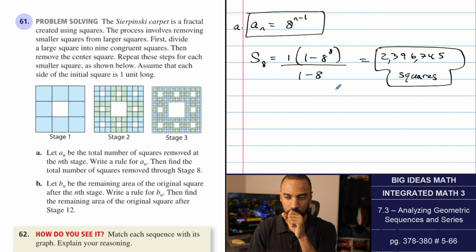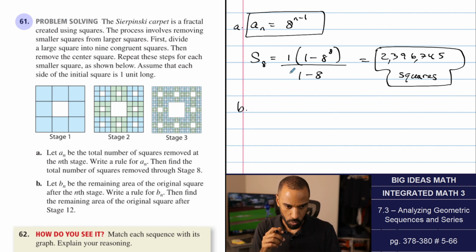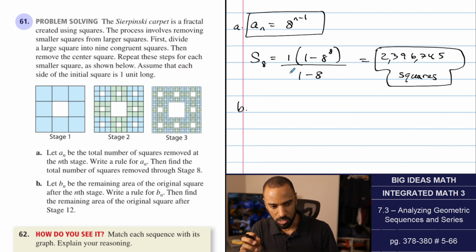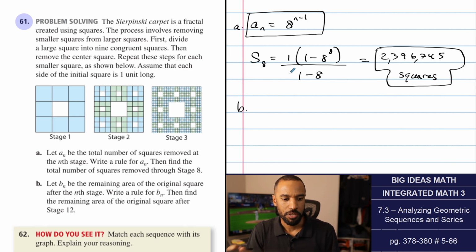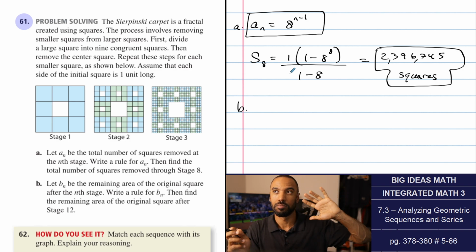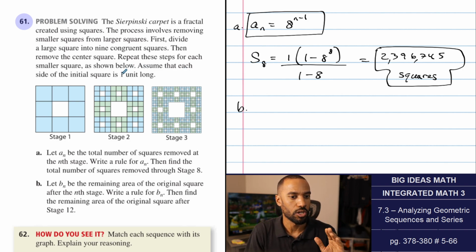That's the sum. Now part B says let B sub n be the remaining area of the original square after the nth stage. Write a rule for B sub n. Then find the remaining area of the original square after stage 12. So for this one here, the original square is 1 unit long.